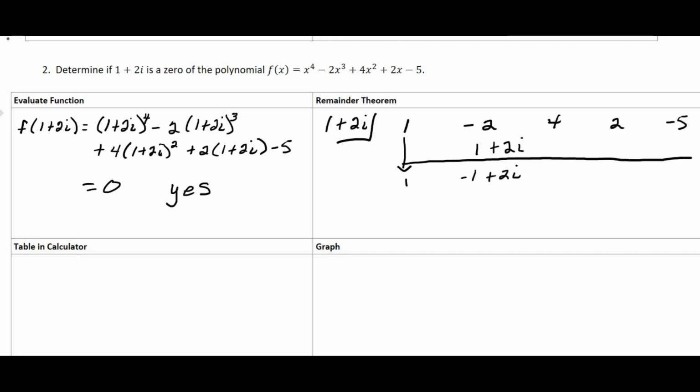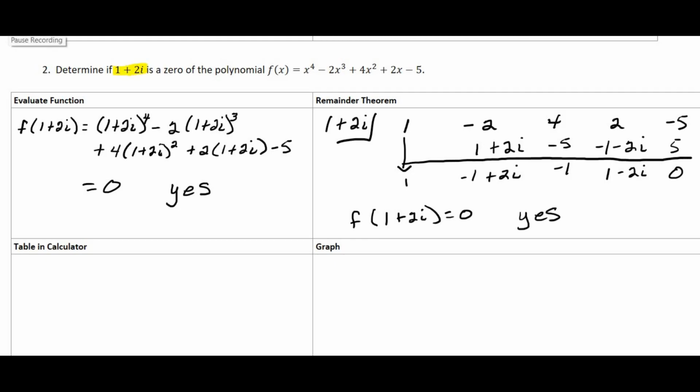Now when I multiply what's below the line, -1 plus 2i, times what's in the box, 1 plus 2i, I want to be sure that both of those numbers are in parentheses when I put it in my calculator. So I have 0 for my remainder. That means f of 1 plus 2i is equal to 0. So this is a zero of my function.